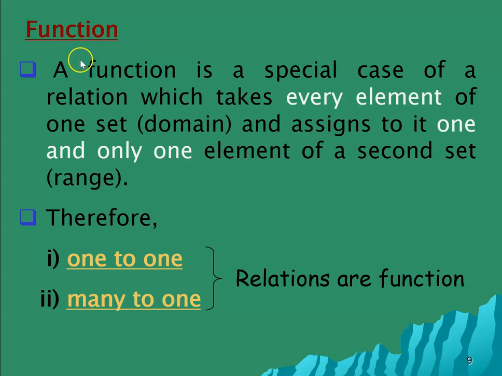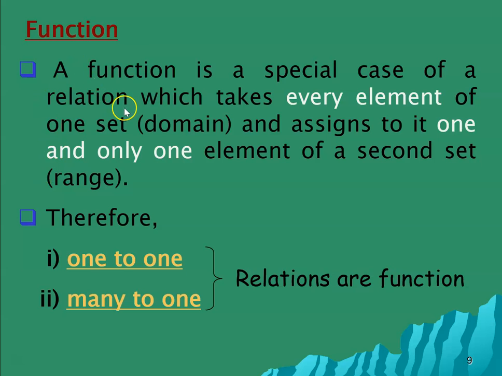So a function is a special case of a relation which takes every element of one set, the domain, and assigns to it one and only one element of a second set, which is the range. The first set is the domain and the second set will be the range.